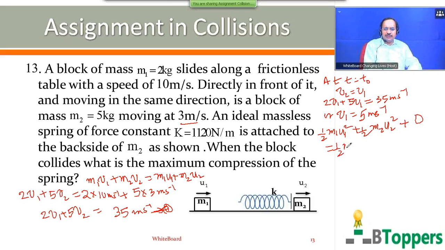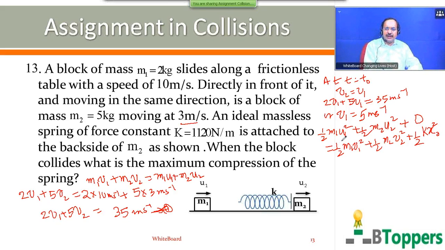Final kinetic energy of the system of the two blocks is half m1 v1 square plus half m2 v2 square. Elastic potential energy stored in the spring at the instant of maximum compression is given by half k x naught square. Let x naught denote the maximum compression of the spring, or you can also use x subscript m.